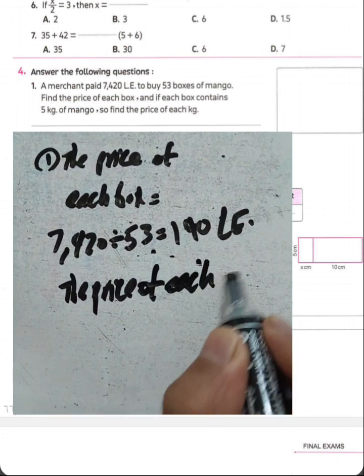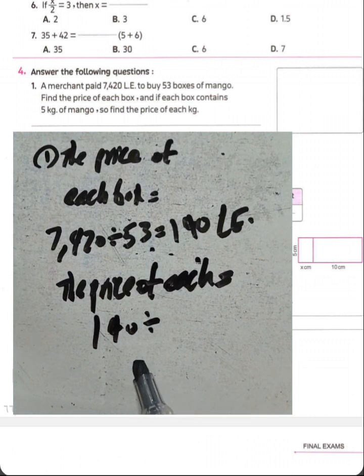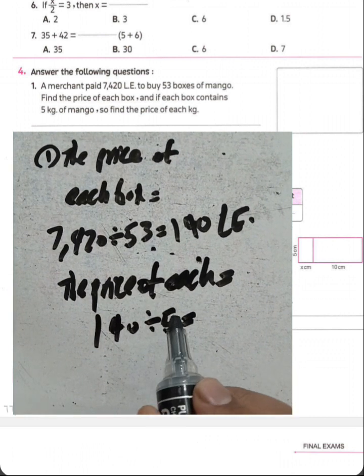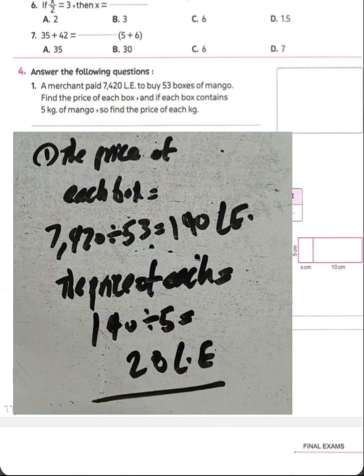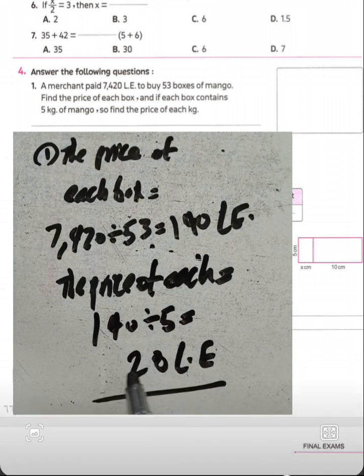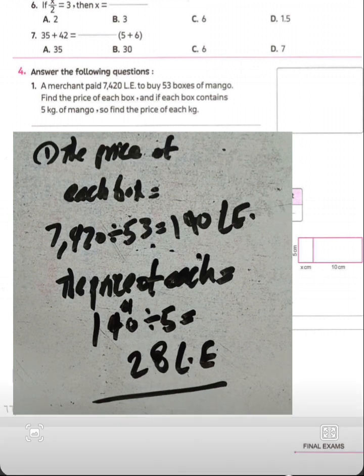The price of each kilogram will be 140 divided by 5. 14 divided by 5 equals 2, and the remainder 4. Write 0, it will be 40 divided by 5. 40 divided by 5 equals 8, then the result will be 28 Egyptian lira.